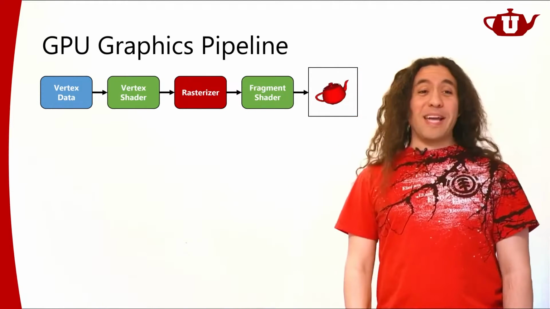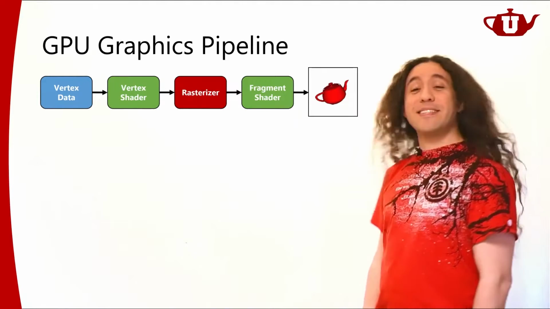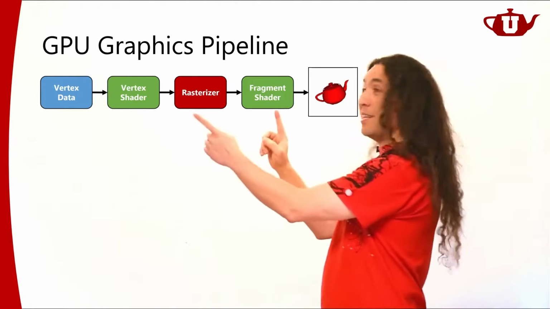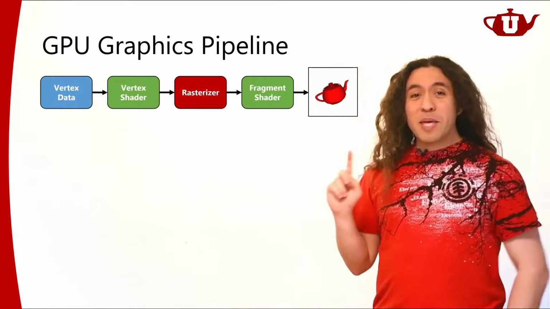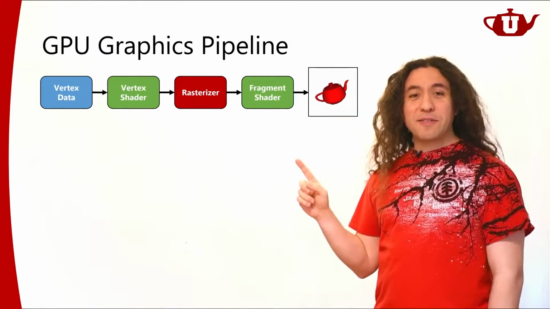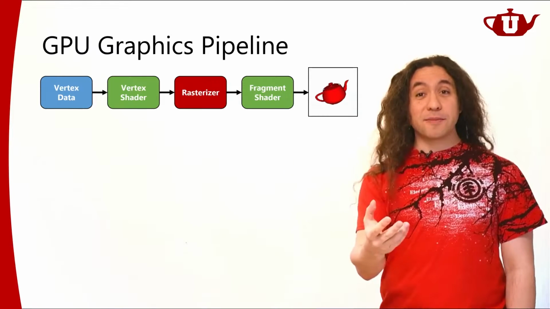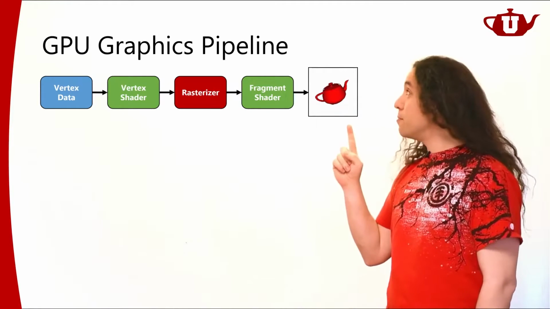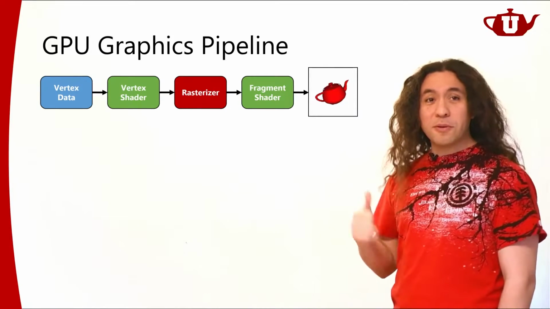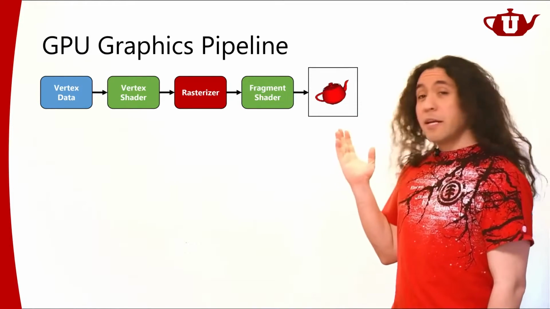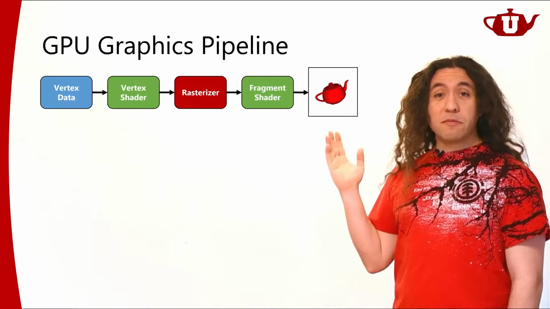But as soon as GPUs allowed these completely programmable shaders here, people started using this for stuff other than graphics. So the output here is an image. That's what it's designed to do. But I can interpret this image however I like.